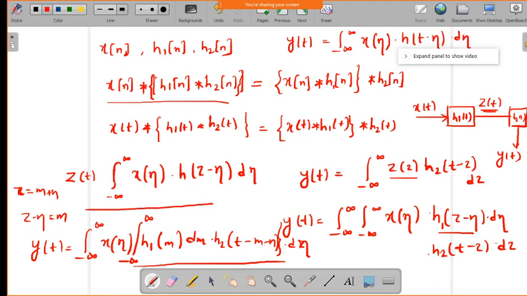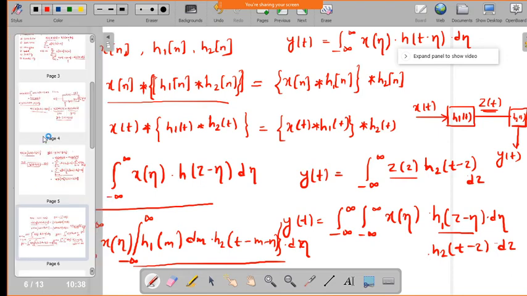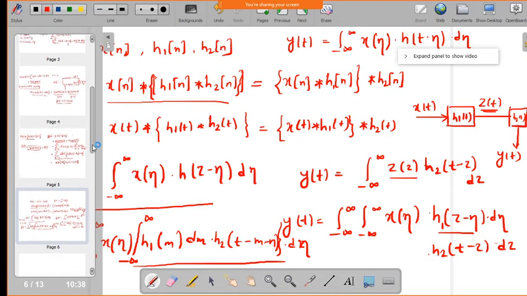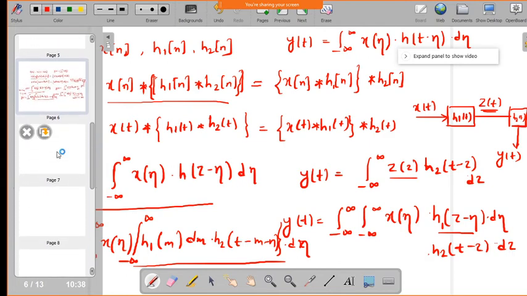So we can write this in terms of the convolution of the h terms.